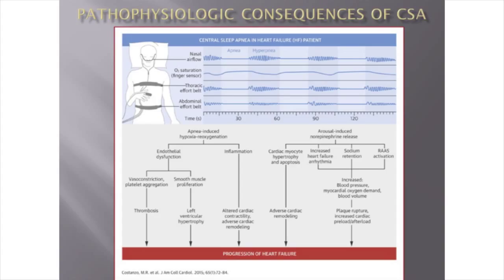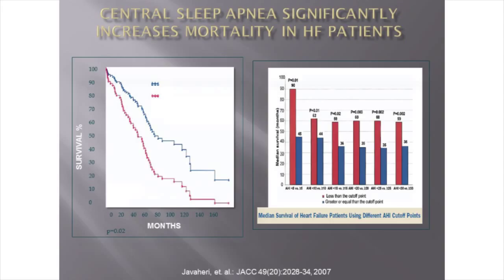And as you can see there, even having any central sleep apnea at all is associated with significantly increased mortality. And as you progress in severity, essentially the mortality associated with central sleep apnea is twice that of age-matched individuals that do not have the condition. And somehow I found that this graph really drives the message across to the patients.